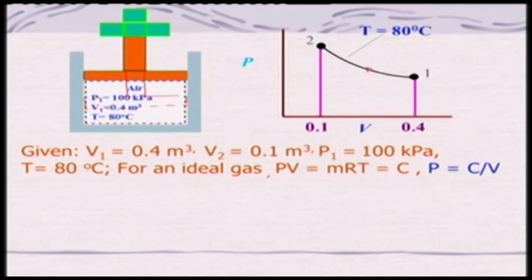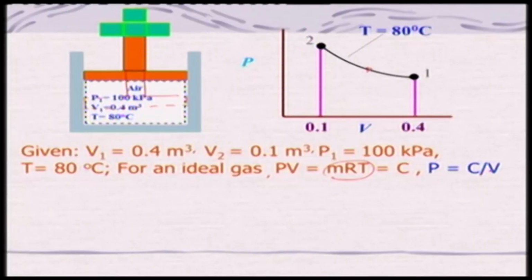If temperature is remaining constant, and the mass is remaining constant inside the system, then this term is a constant C. So we get a relationship between P and V: P is equal to C by V. And work done is the integral of P dV from 1 to 2, so you put this relationship between P and V here and integrate it.